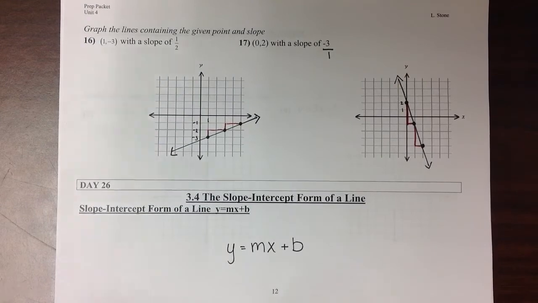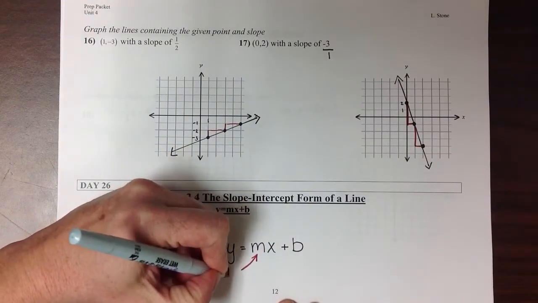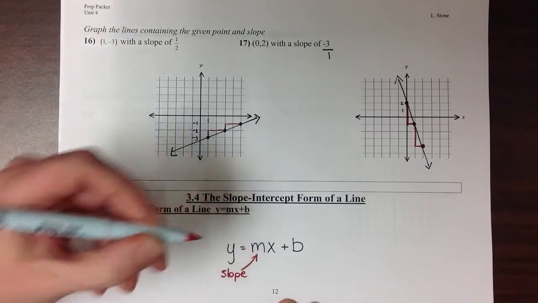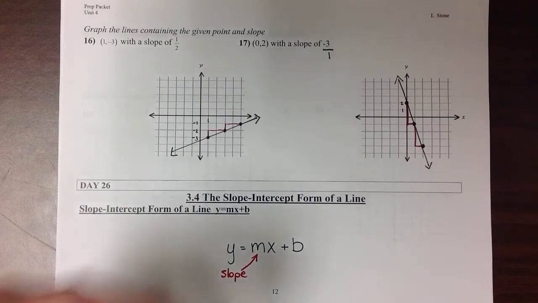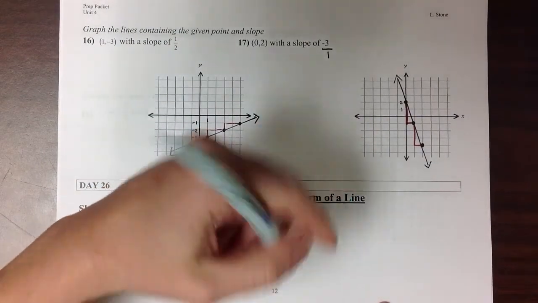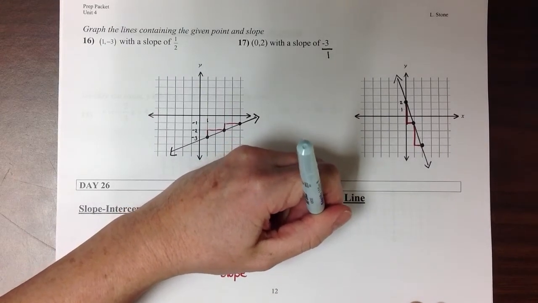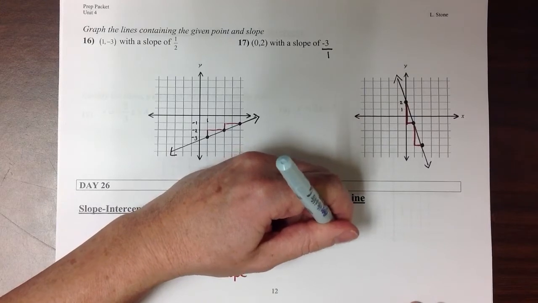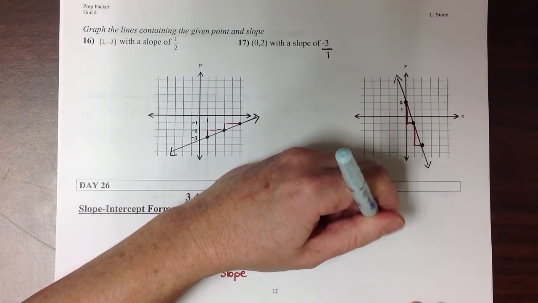The m, as we talked about before, stands for slope, and with equally as much sense as m standing for slope, b stands for y-intercept. The b is the y value of the y-intercept. So the point (0, b) is the y-intercept.